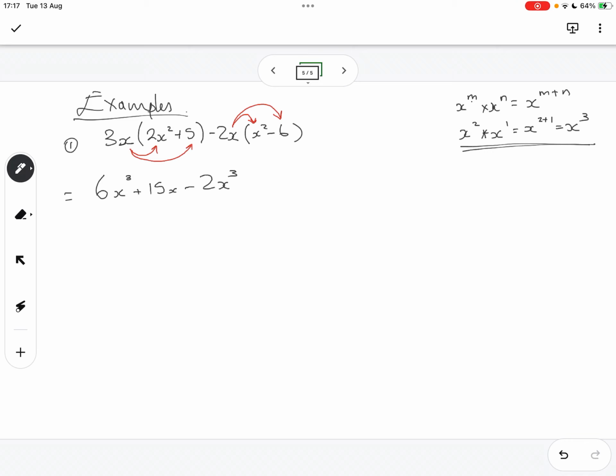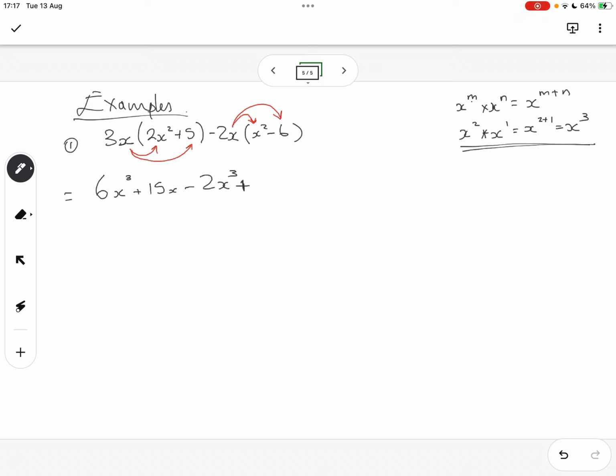And then if we take negative 2x and we multiply it by negative 6, what happens? Negative times negative gives us? Positive, yes.